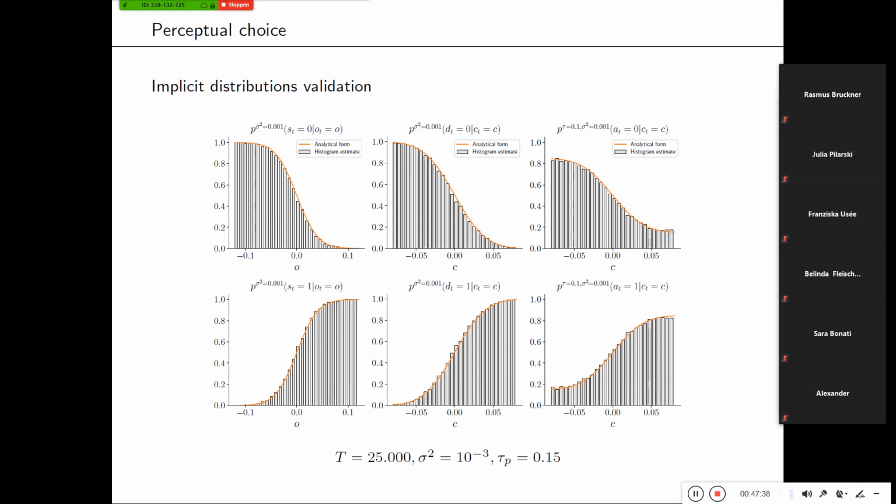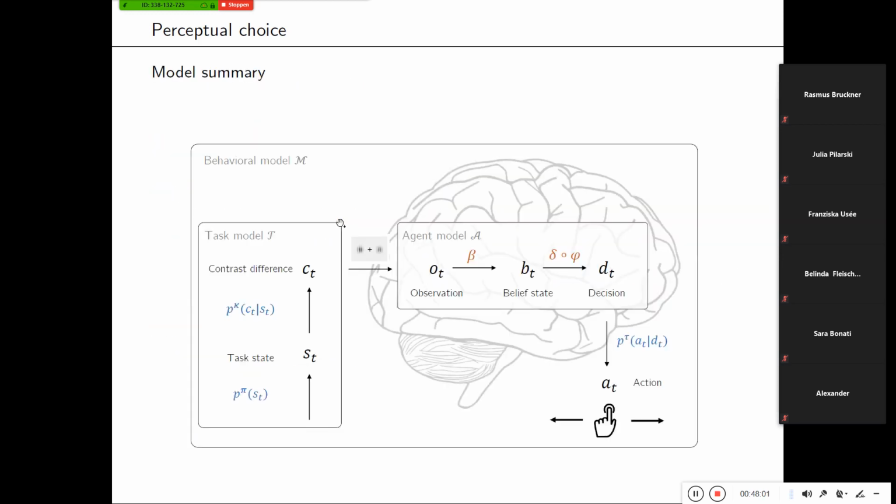Based on this joint distribution over states, contrast, and observations, we can compute the conditional distribution of the state given an observation by conditioning and integrating out the uniform distribution.